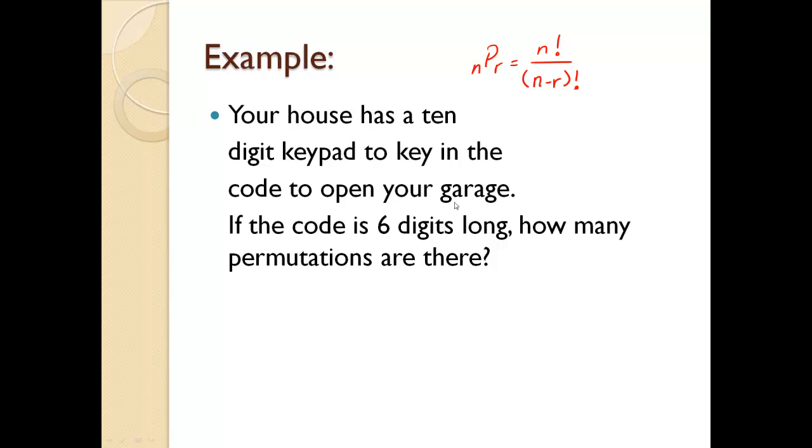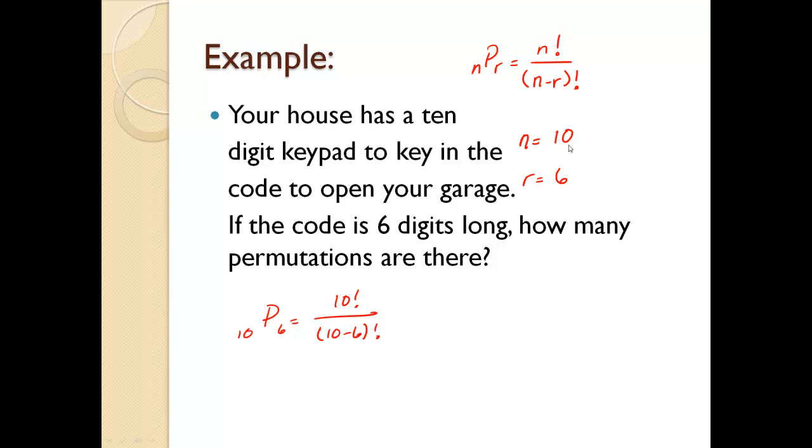Well, figure out what your N is first. It's a 10-digit keypad, so N would be 10. Your R would be 6 because we're choosing 6. The code is 6 digits long. So you'd write 10, then 6, and then 10 factorial over 10 minus 6 factorial.